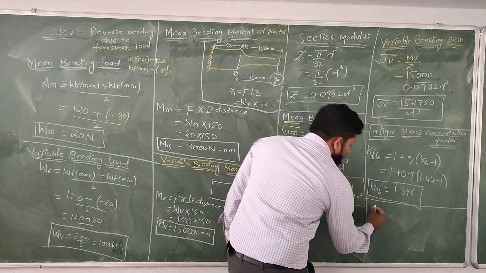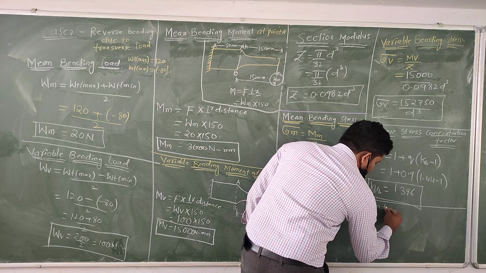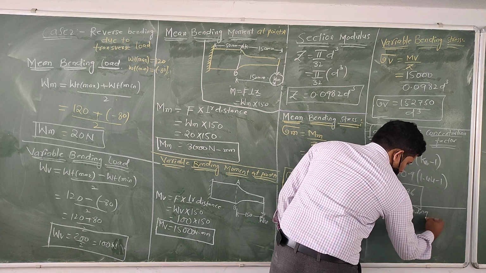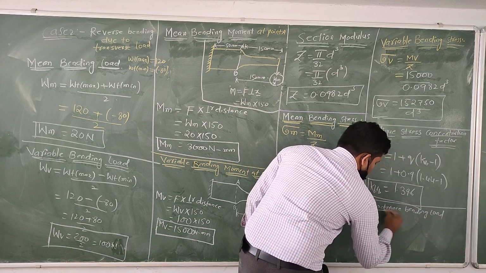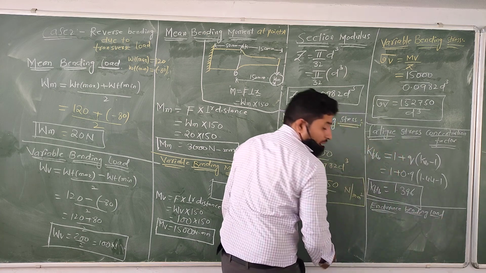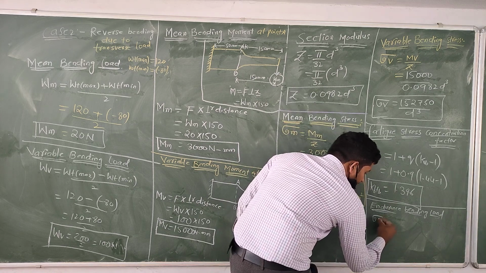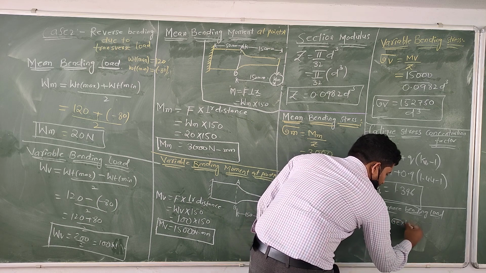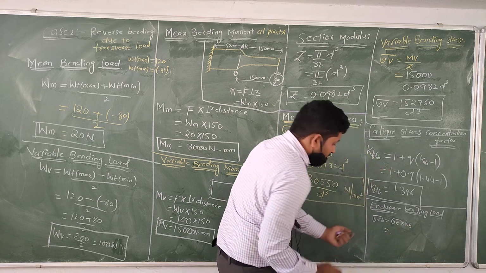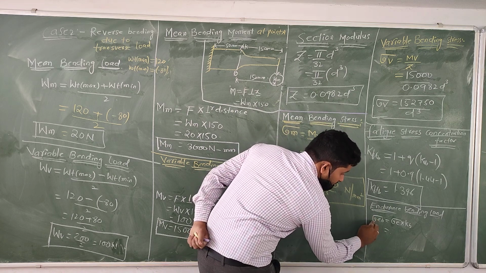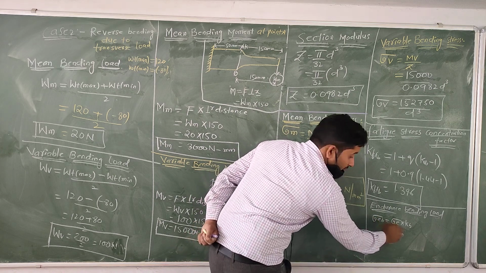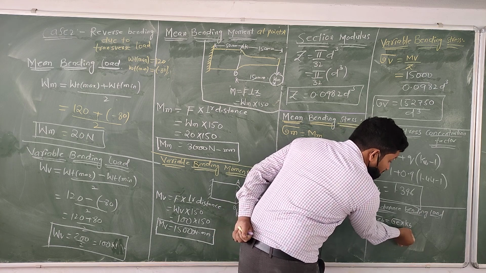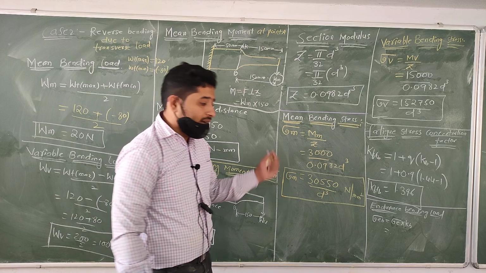If you want to find out the endurance bending load, which formula do we have to use? We have to use the formula sigma eb equal to sigma e into Kb. Because how to multiply here? Sigma e into Kb, which is the correction factor in the form of bending, already given here.